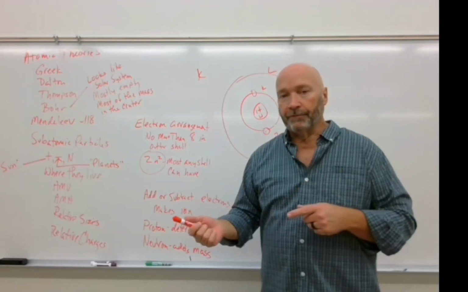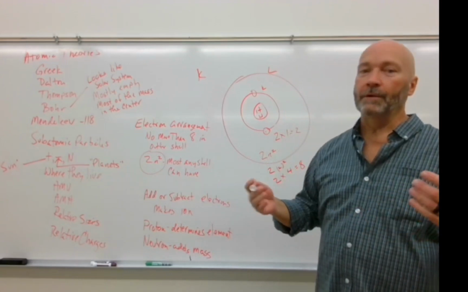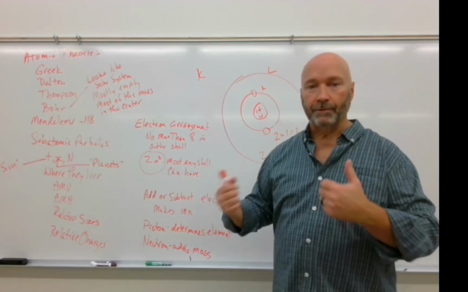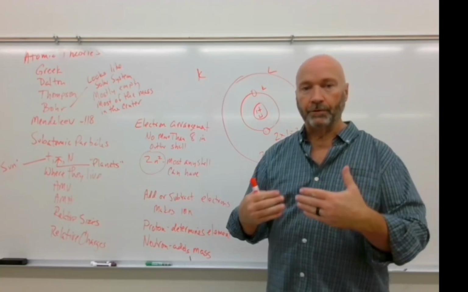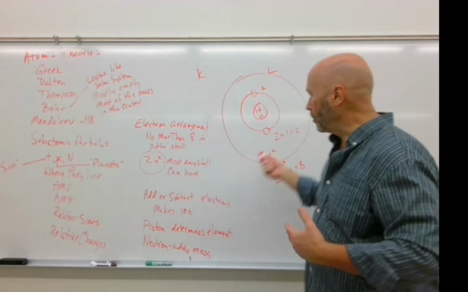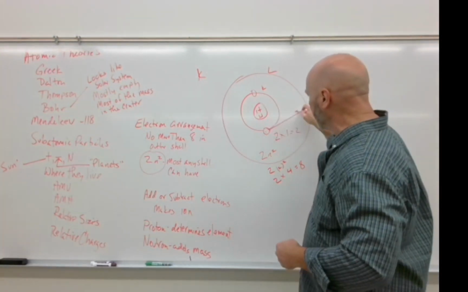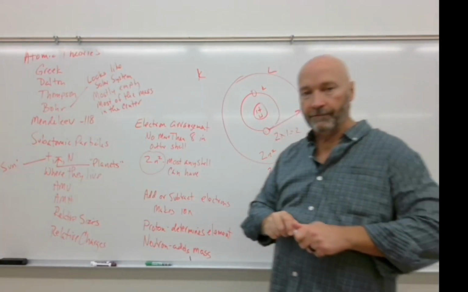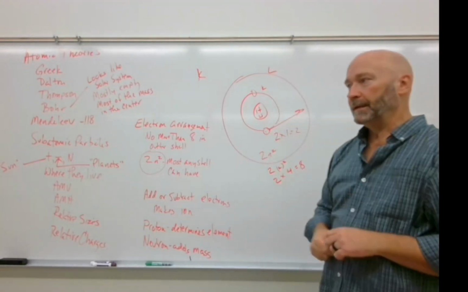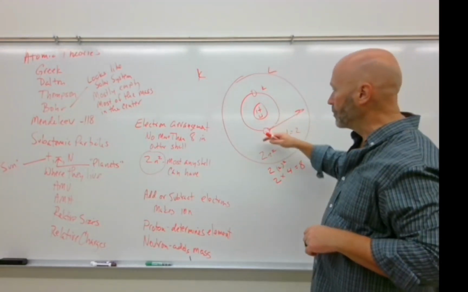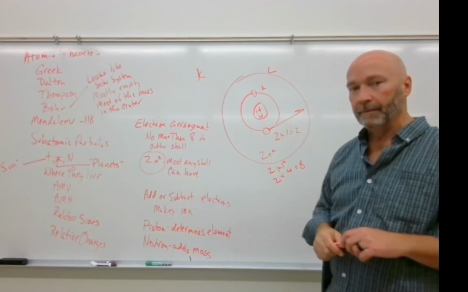We can make the analogy that the centripetal force is a gravitational pull. So we've got gravitational pull holding these electrons into the orbit so that they don't fly out, as opposed to the centrifugal force, which would be the force that's holding them out of the nucleus of the atom.